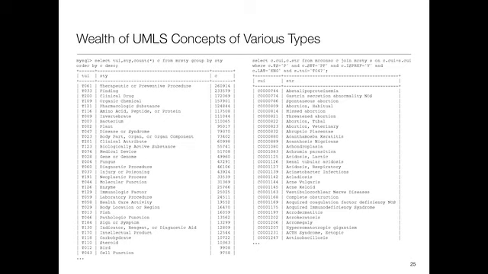So you see that the most common semantic type is this T061, which stands for therapeutic or preventive procedure, and there are 260,000 of those concepts in the metathesaurus. There are 233,000 findings, 172,000 drugs, organic chemicals, pharmacologic substances, amino acid, peptide, or protein, invertebrate.